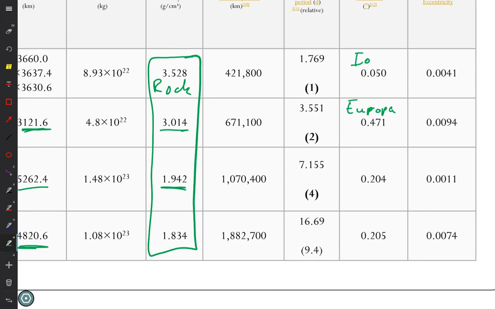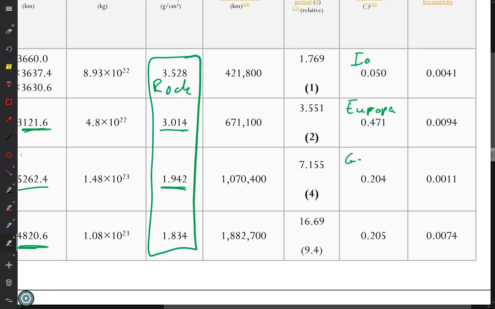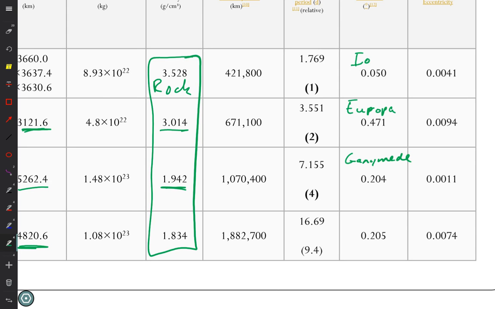The period for Ganymede is 4 times the period for Io. Now, if you think about that, what does that tell you? You have orbital resonances here, 1 to 2 to 4. Why would you have such an orbital resonance?